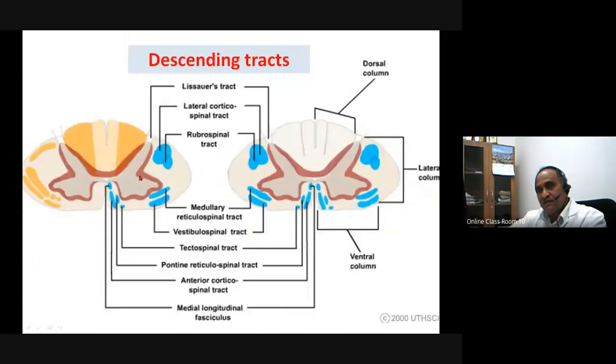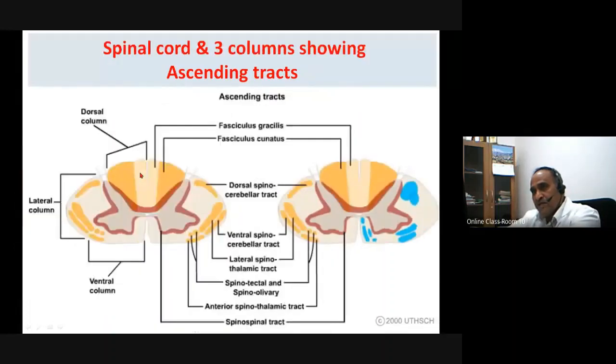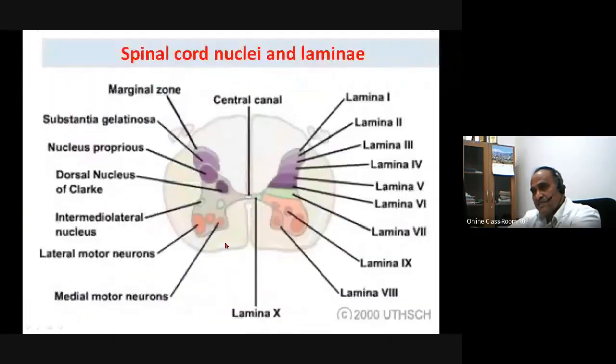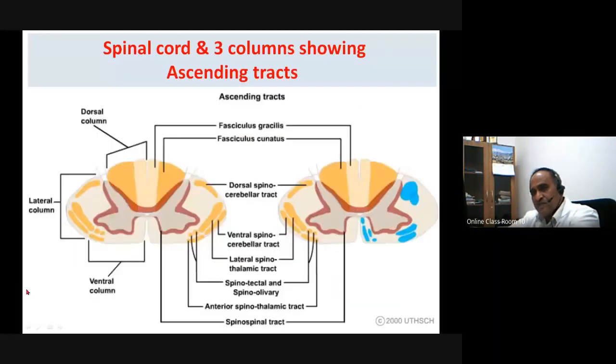So the lateral corticospinal tract sends information to these motor neurons, and from this motor neuron the alpha motor neurons reach and emerge to the muscles.